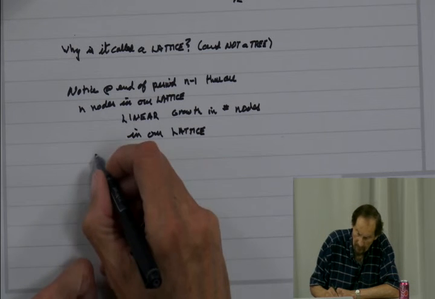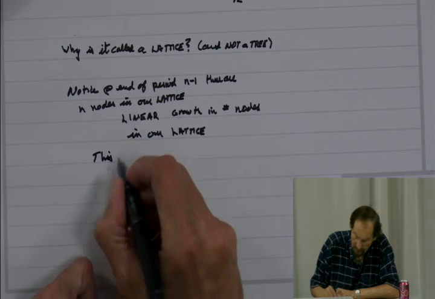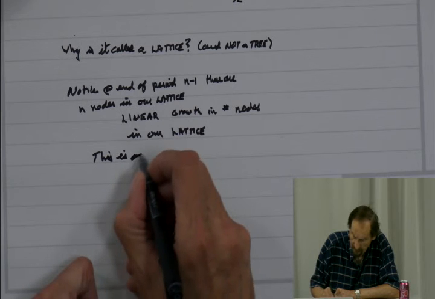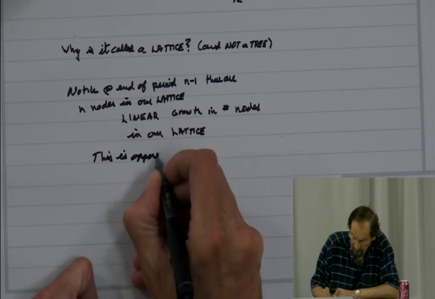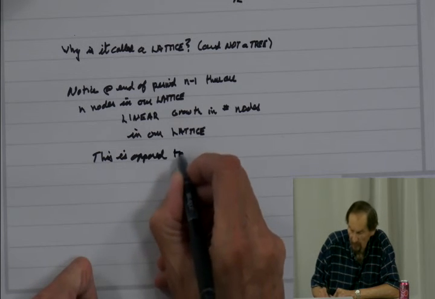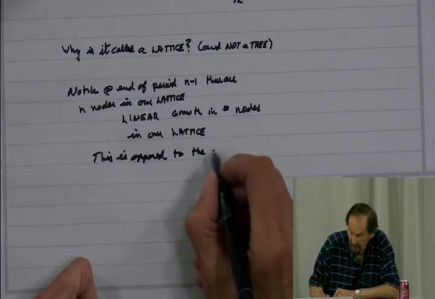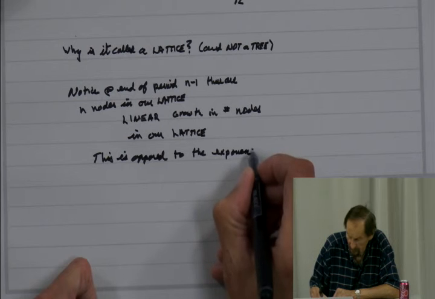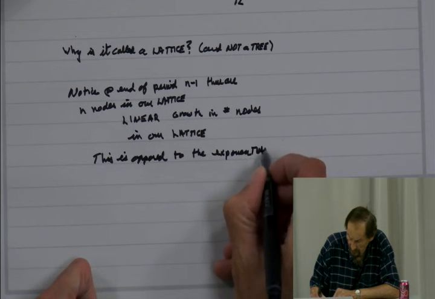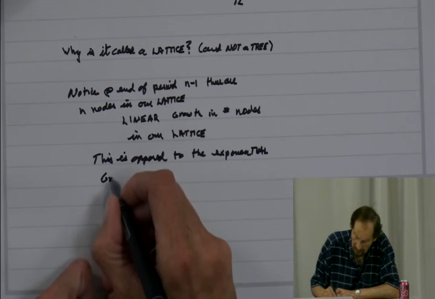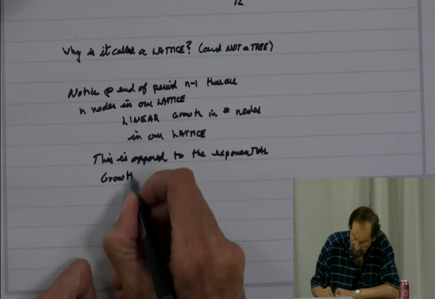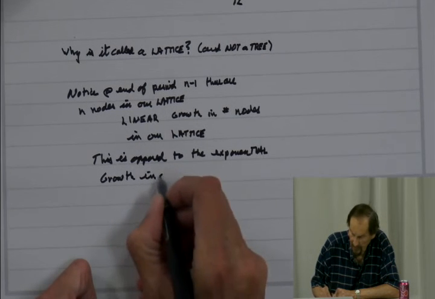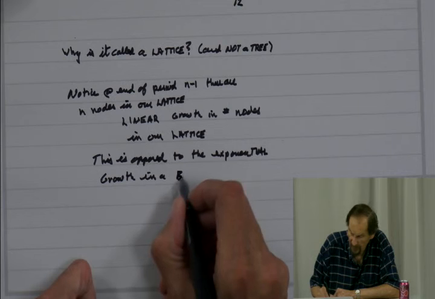This is opposed to the exponential growth in a binomial tree.